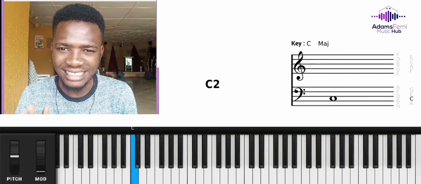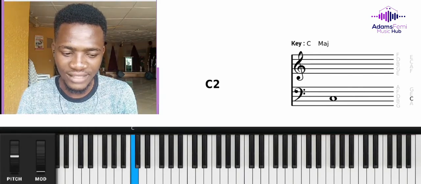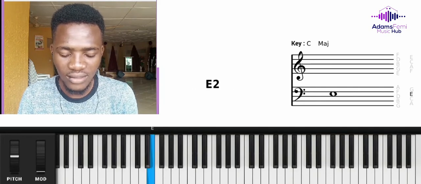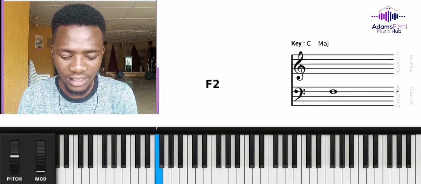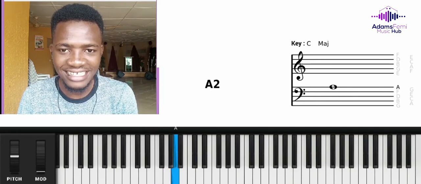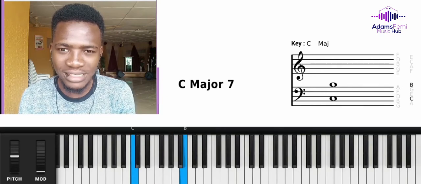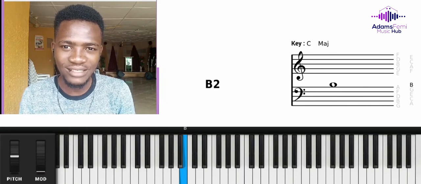Because I'm playing on the key of C, I'm starting from C. So 1, 2, count along. 3, 4, 5, 6, and 7. By position, moving from 7, remember what we did when we were counting letters?